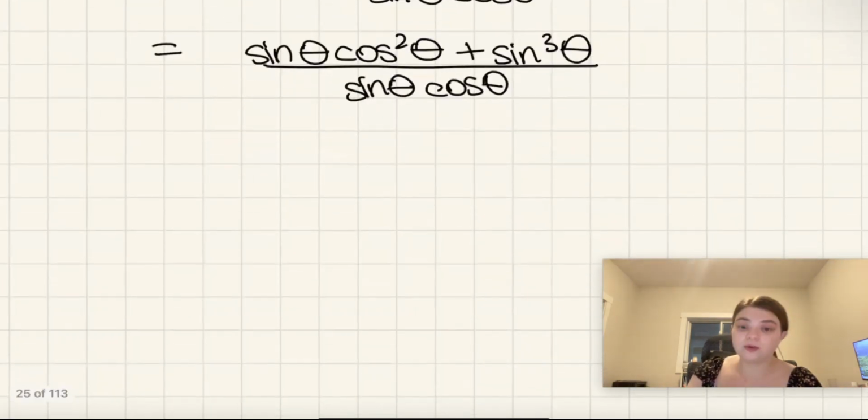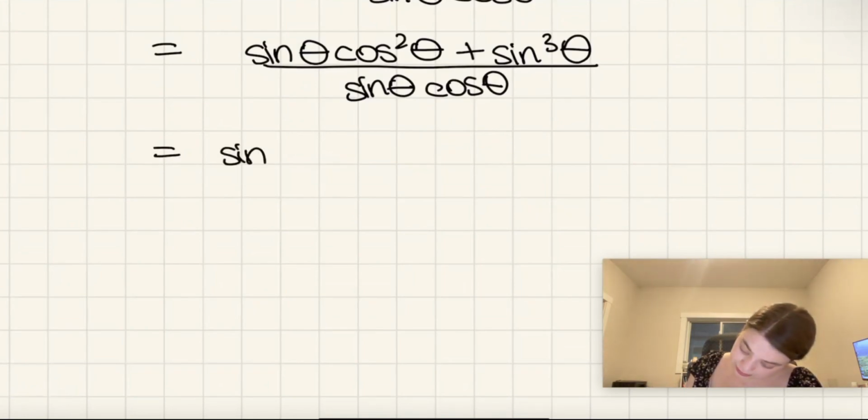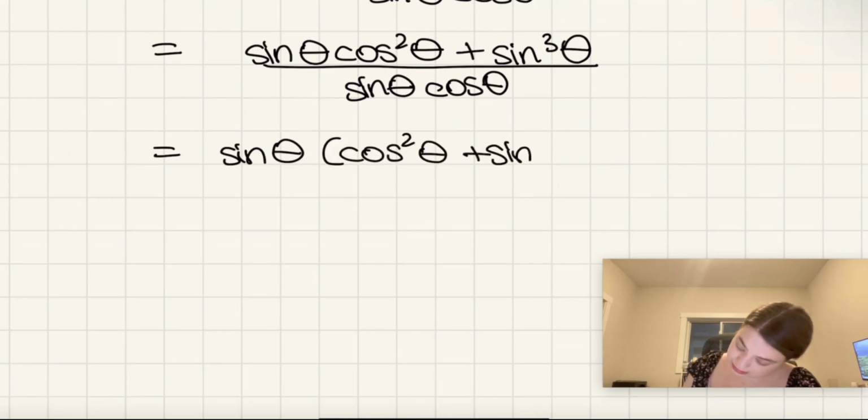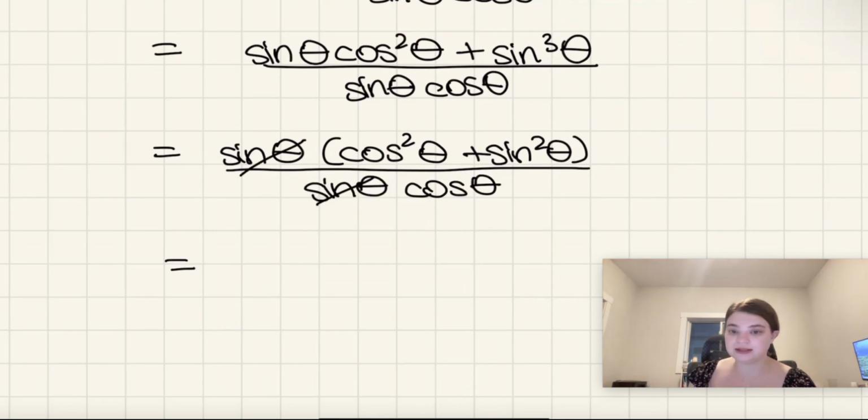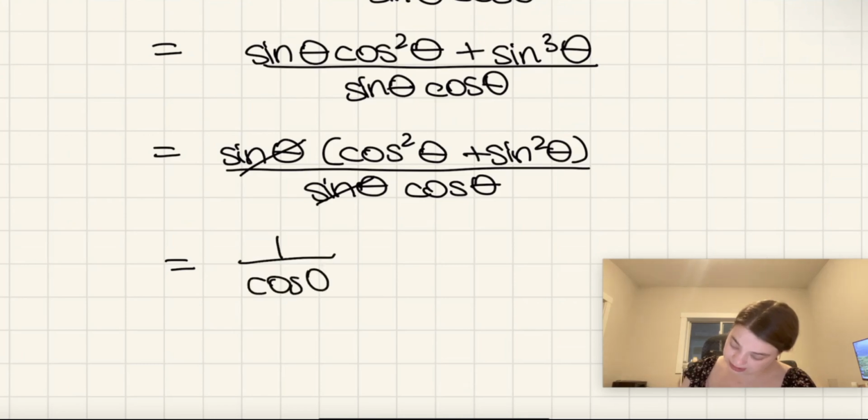And then from there, I'm going to factor out a sine theta. So sine theta times cos squared theta plus sine squared theta all over sine theta cos theta. I'm going to then cancel these out, and also recall that cos squared theta plus sine squared theta is 1. So this simplifies to 1 over cos theta.